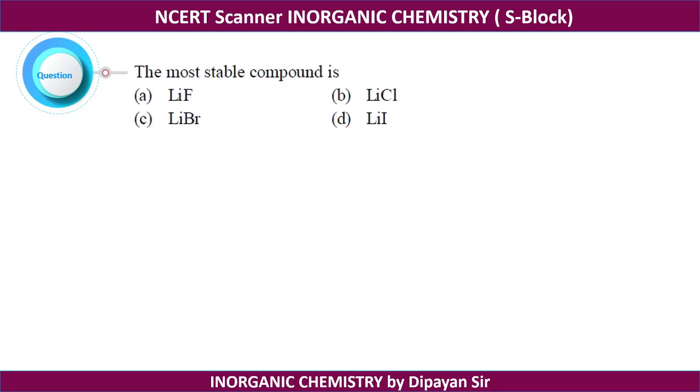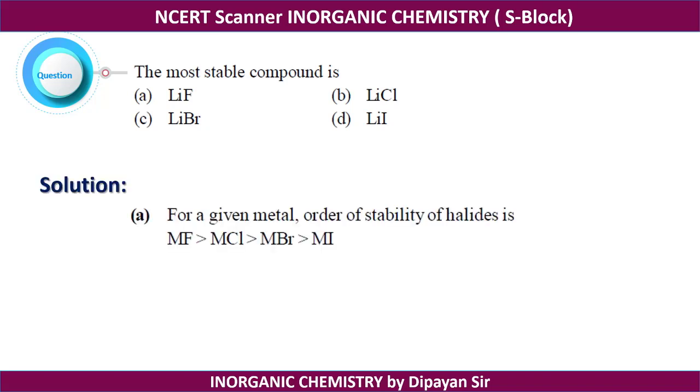In question number 2, the most stable compound is LiF, LiCl, LiBr, LiI, and the correct answer for this question is option A, that is LiF. This can also be explained by the same theory, that is hard soft acid base theory.